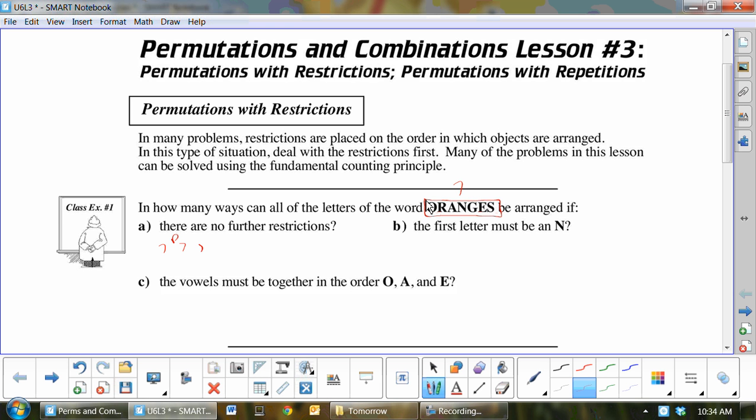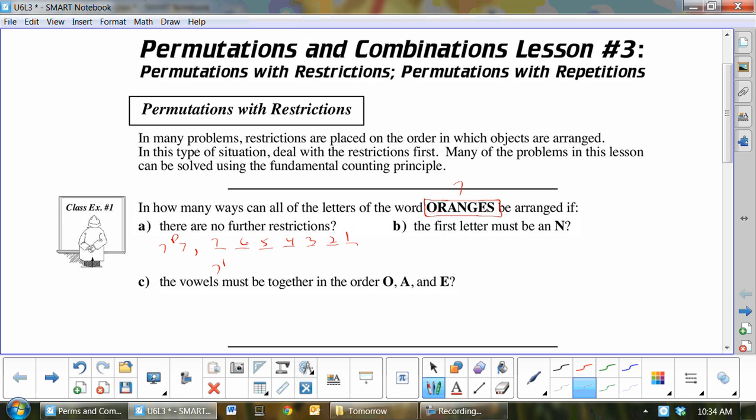No, that's the answer. What are 2 other ways to do this one? Yeah, the fundamental counting principle. Go 7 blanks. 1, 2, 3, 4, 5, 6, 7. And then go 7 times 6 times 5 times 4 times 3 times 2 times 1. Okay, what is another way?